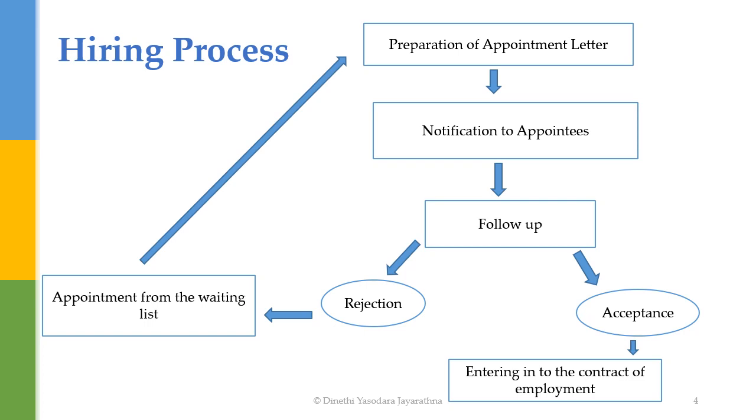That means he's the most appropriate, most suitable person. But if he rejected, he might go to another job in that lag period. So the company has to look at the waiting list and see who's number 2. And they can go on and on until an appointee accepts the job offer.